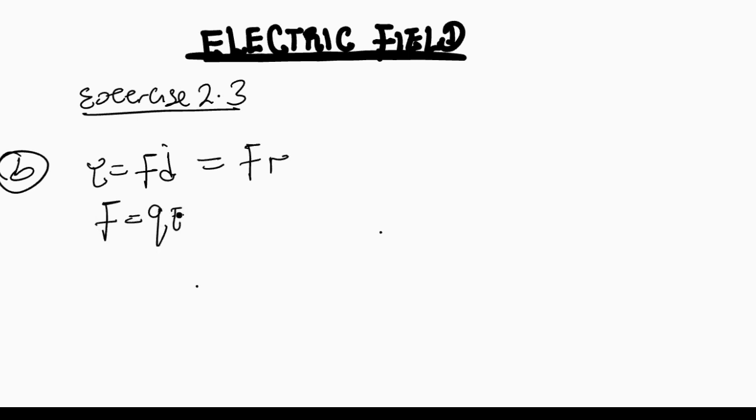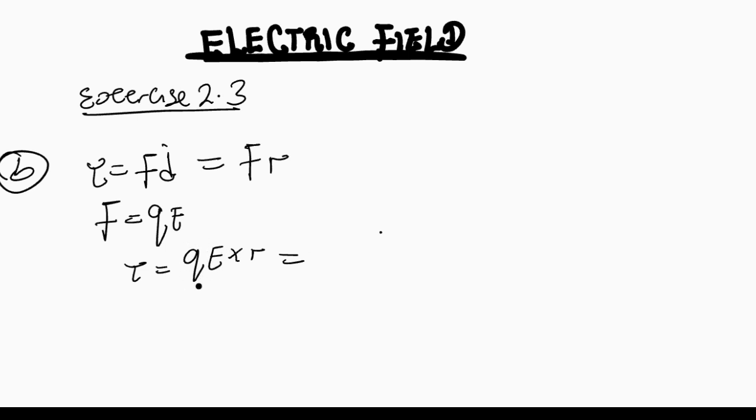I'm just solving it like this, not that I've written it before. This F is QE, is it not? Yes. F is QE. So if we substitute, our torque will now be QE times r. Yes, that's it. So from here it becomes easy. We can just substitute directly, right? Because we have gotten our distance before.